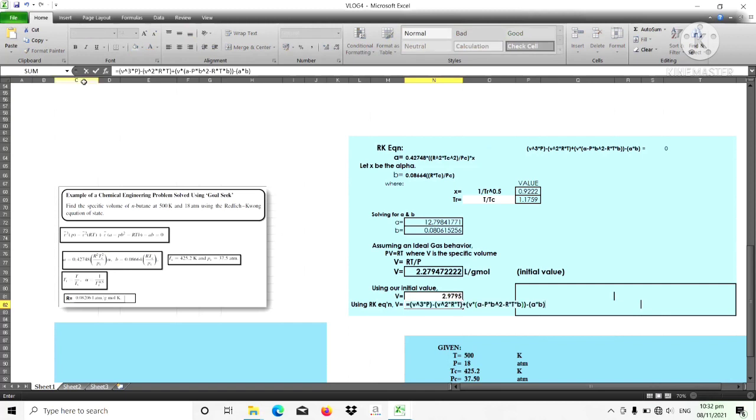Then our value for V is 2.9795 times the pressure, which is 18 atm, times the value for V, 2.9795, and also the value for R, which is 0.082061.